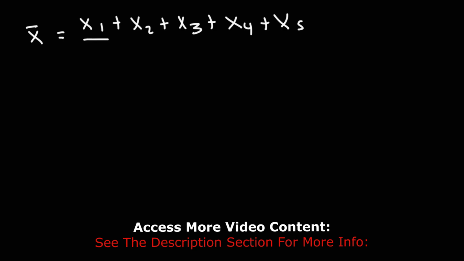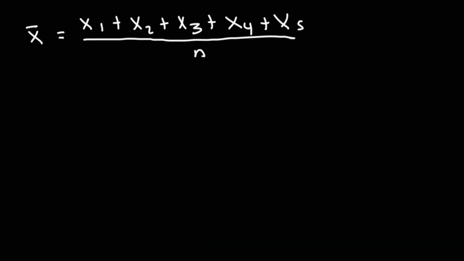So let's start with our average formula. X bar is equal to x1 plus x2 plus x3 plus x4 plus x5 divided by n. So what we need to do is solve for x5. To do that, it's going to be x bar times n minus these 4 values, because that's what we mathematically did to get x5.